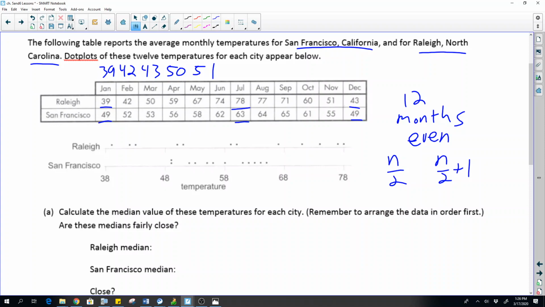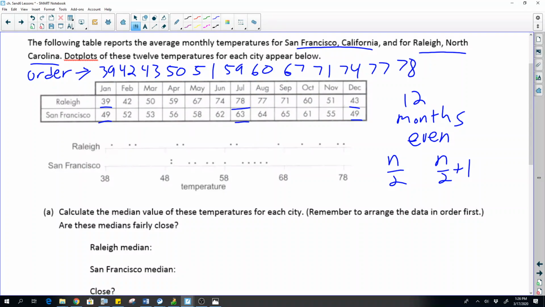Then after 51 is 59, and then 60. After 60 is 67, then we have 71, then 74, 77, 78. So I put them all in order from least to greatest.